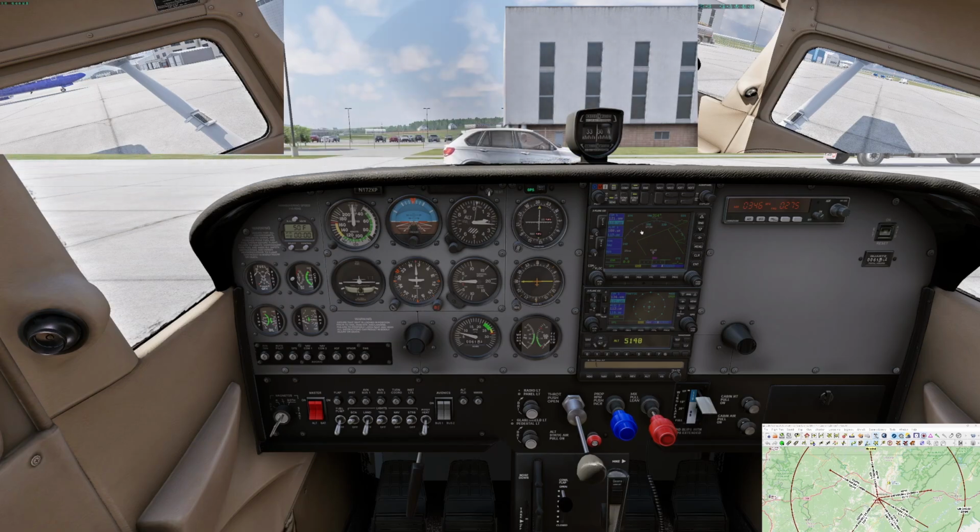All of our frequencies are present. You can look at the approach plate on that one.